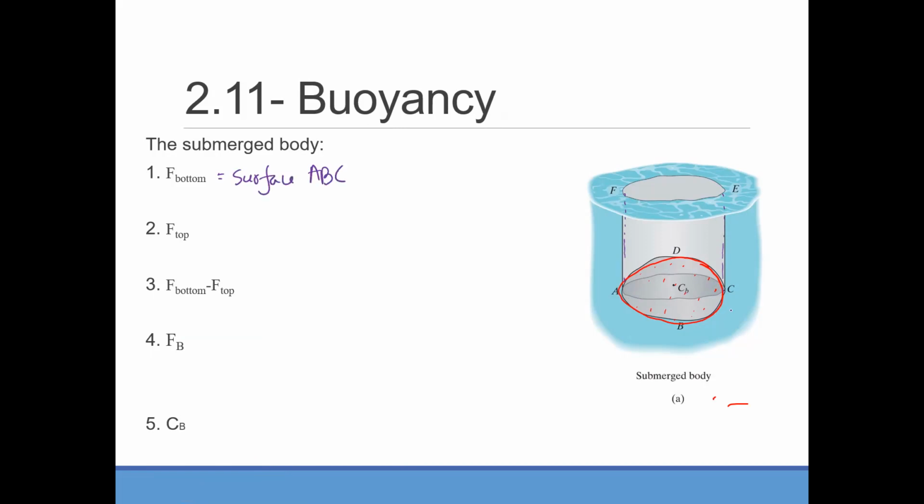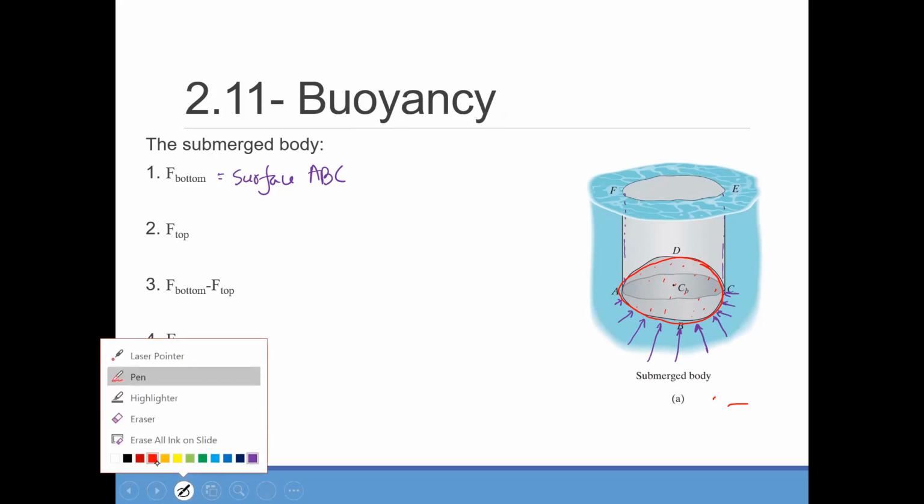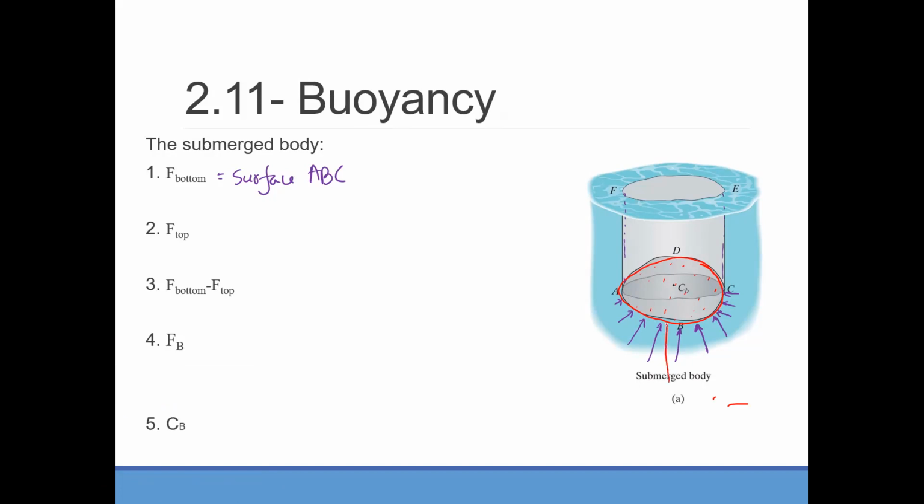On this surface, you already know the pressure distribution will be something like that. It will increase with depth, and there will be a resultant force here, which let's name F bottom.